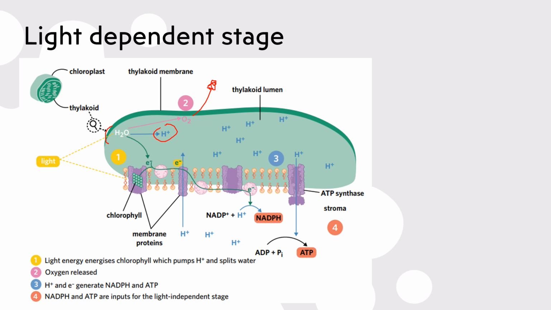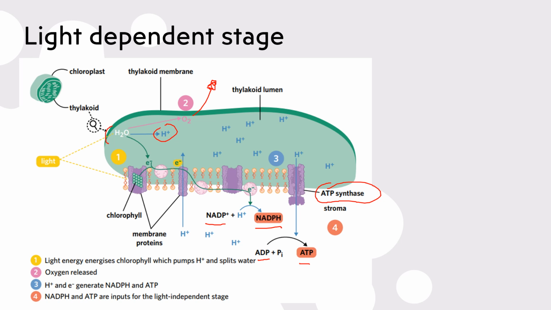You'll see that this ATP synthase enzyme here is cycling those hydrogens through, and that's going to do two things. It's going to turn ADP into ATP, and it's going to turn NADP into NADPH. This enzyme, ATP synthase, as the name suggests, synthesizes ATP.